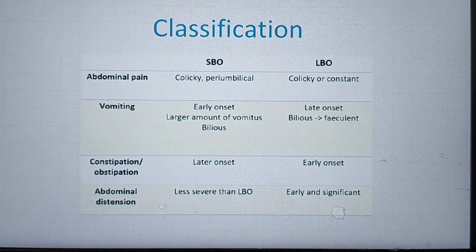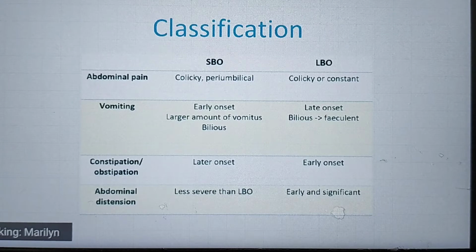Vomiting comes earlier in small bowel obstruction and is usually frequent, while in large bowel obstruction it might come later. The constipation comes later in small bowel obstruction as compared to large bowel obstruction, and abdominal distension is less severe in small bowel obstruction as compared to large bowel obstruction.